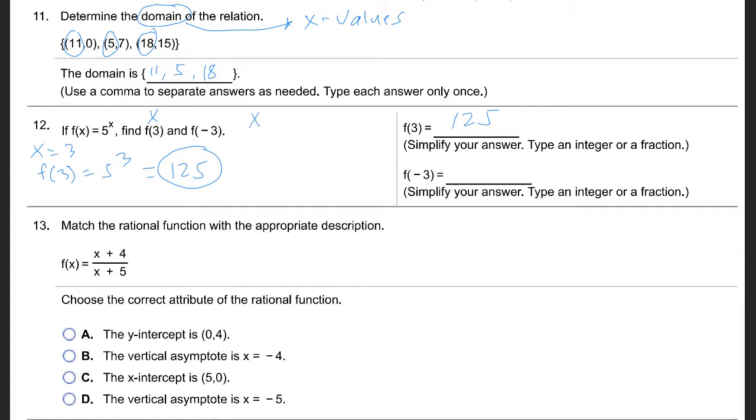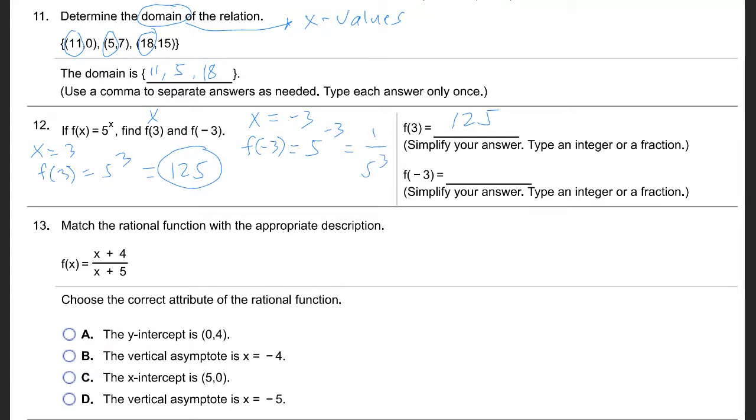When x is equal to negative 3, then just plug this in the same way as we did on the first solution. So we will just say 5 raised to the power of negative 3. When you have an exponent of a negative, you have to bring this down to the denominator side to make it positive. So it's like 1 over 5 raised to the power of 3.